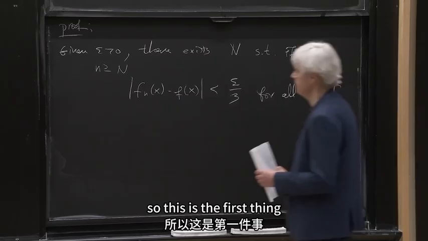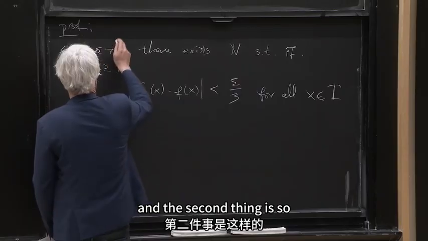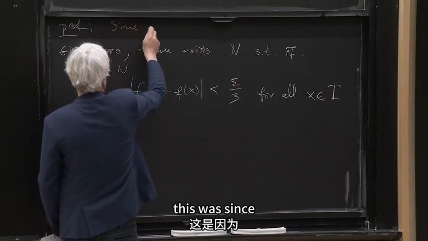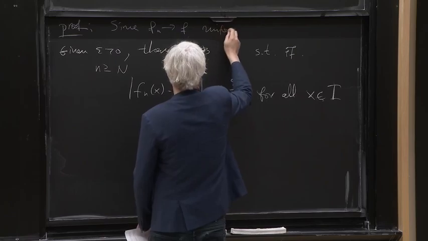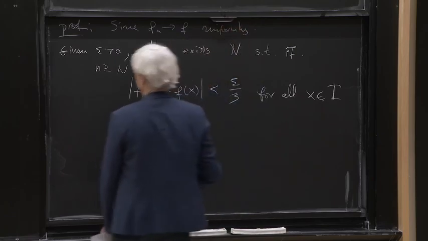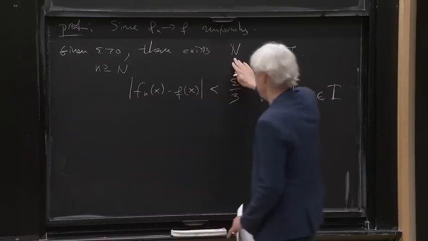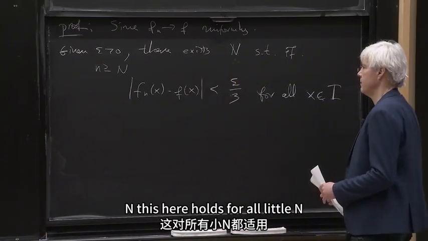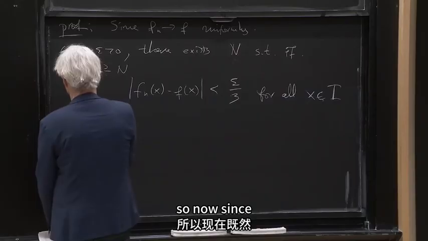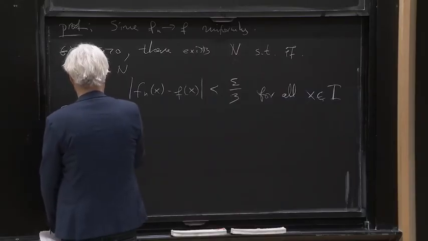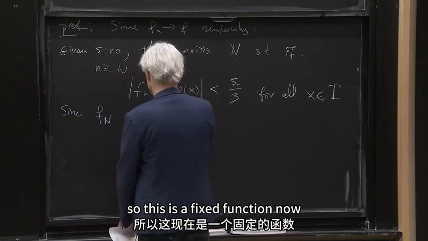So this is the first thing. And the second thing is that this holds for all little n bigger or equal to capital N, but in particular it holds for capital N. So now since f capital N is continuous, this is a fixed function now.